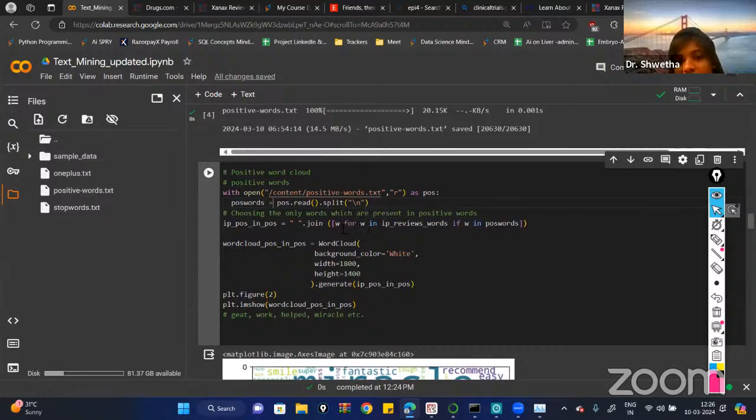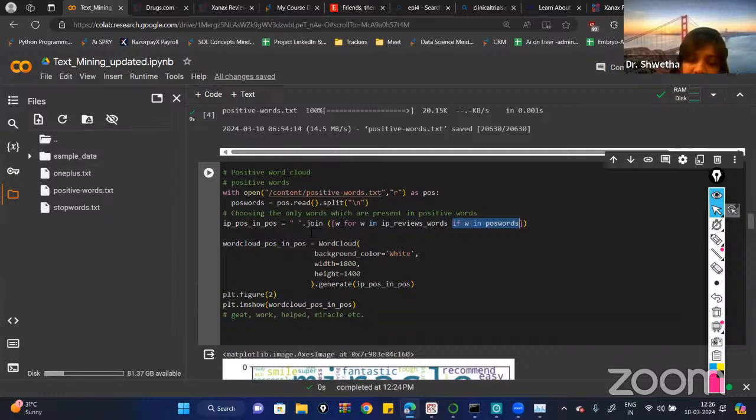So this is a list comprehension method. We want word. Which word should it be? It should be for word in ip_rev_words. Whatever word is in ip_rev_words, if that word is in pos words, that is positive words, then only we want that word.